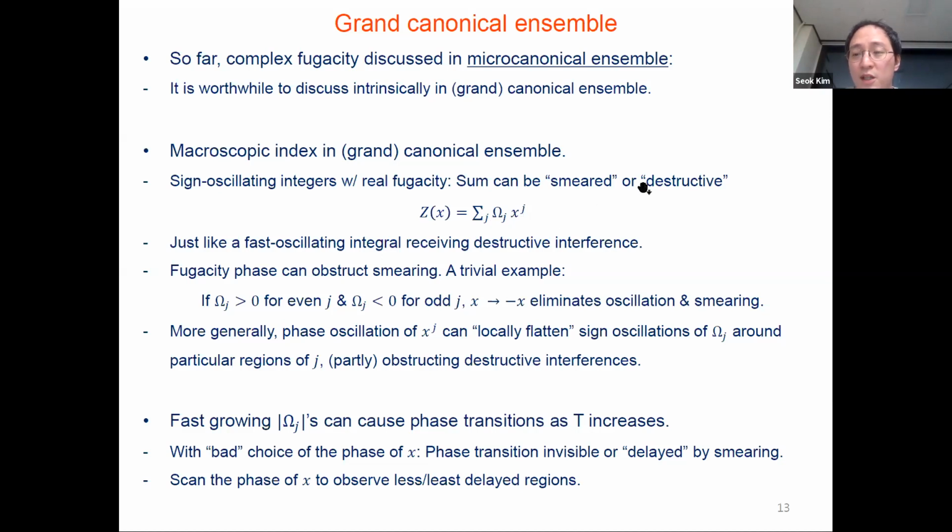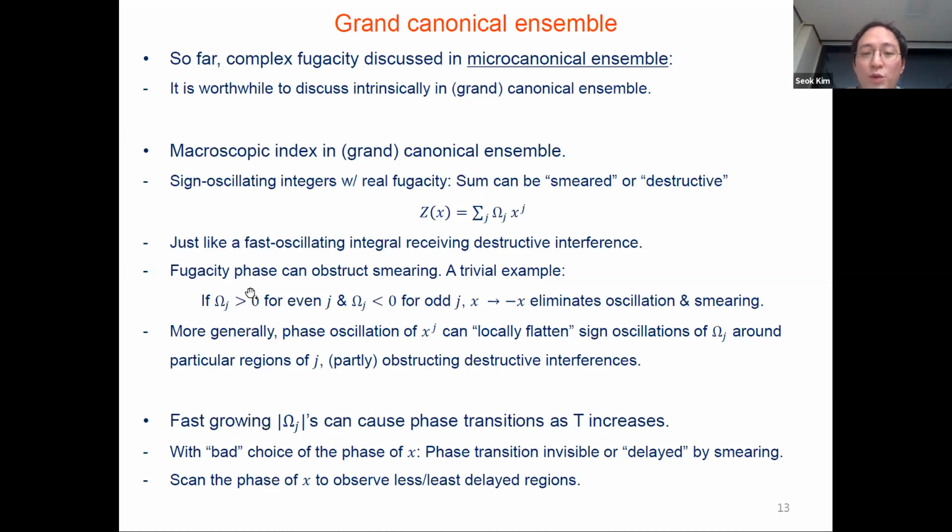Or let me say the destructive interference, borrowing this language. And that can be remedied, at least partially, by introducing some phase factors for the fugacities, which will at least partly try to flatten the wild oscillation that you see in this integrand. So this is a kind of wavelength and oscillation. This can provide some counter oscillations, at least for a particular range of J's.